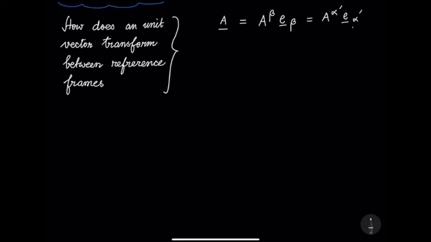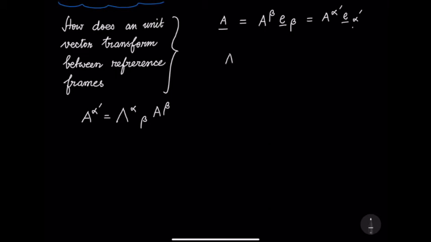Now remember that A alpha prime transforms with the Lorentz transformation matrix in the following way. So why don't we use it here?